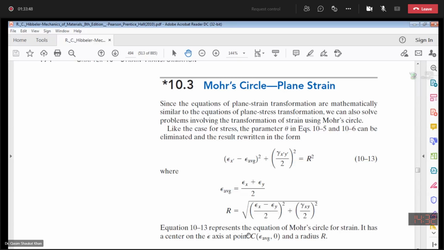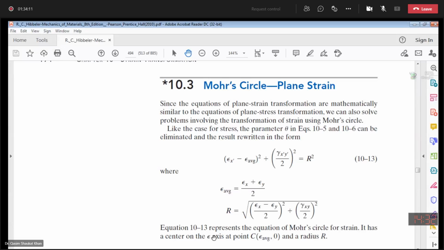Equation 10.13 represents the equation of Mohr's circle for the strain. And this equation has its center on the normal strain axis. If you recall, in the case of plane stress, your center point lies on the normal stress axis.